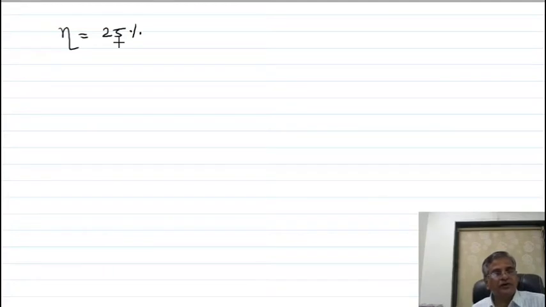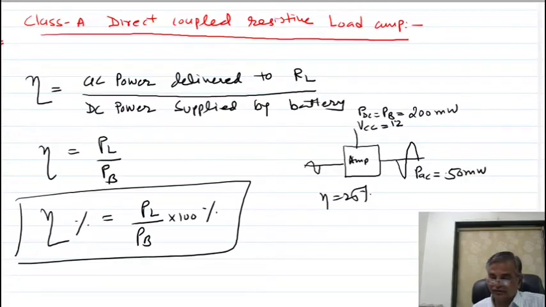So whatever you are giving DC power, from that only 25% is converted. The remaining is wastage. Look here. How much you supply? 200 milliwatt. How much you are getting? 50. What about the remaining power? Remaining power is 150 milliwatt. So it is wastage in this circuit.